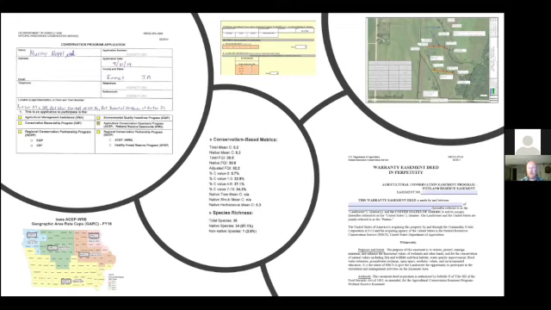Another question we commonly get is, if I put my land in a conservation easement, do I have to allow the public onto it? And the answer to that is no, absolutely not. The landowner retains the right to control trespass and access to the easement, and therefore it is not open to the public once it goes into the conservation easement.